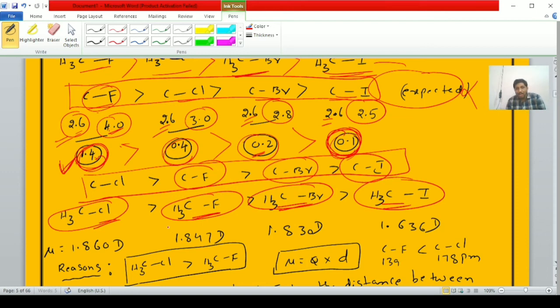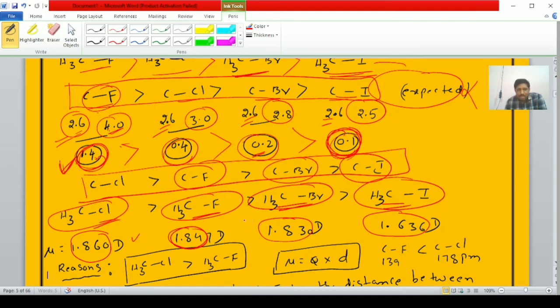The order of the dipole moment of the carbon-halogen bond in the given compounds will be like this, students. The carbon-chlorine bond has a dipole moment of 1.860 debye. The carbon-fluorine bond is 1.84, a very small difference. The carbon-bromine bond is 1.830, and the carbon-iodine bond dipole moment will be 1.636.